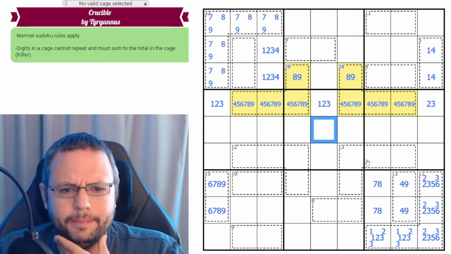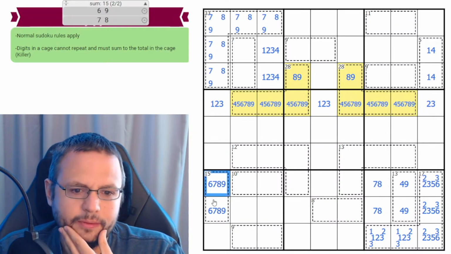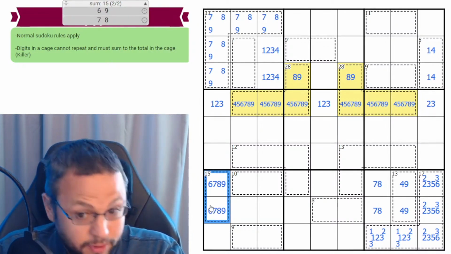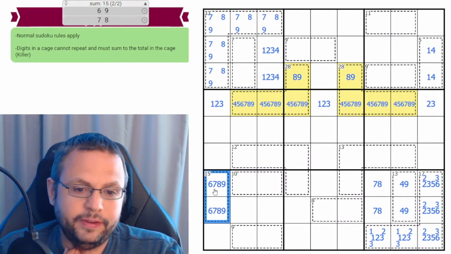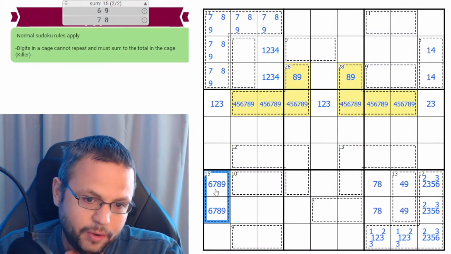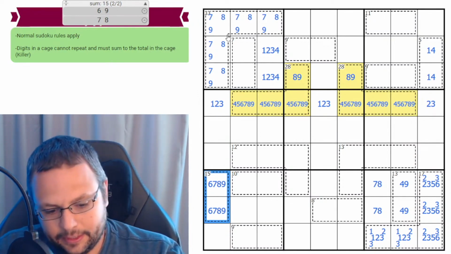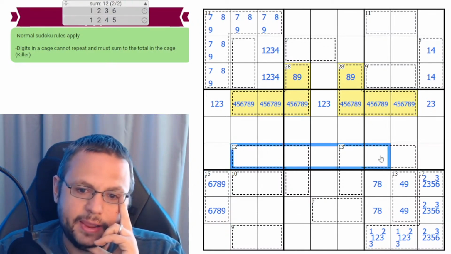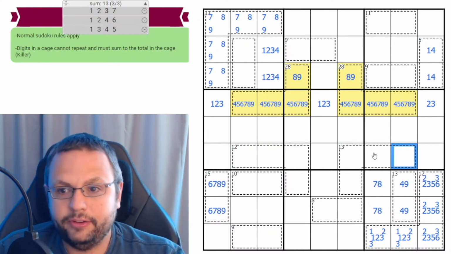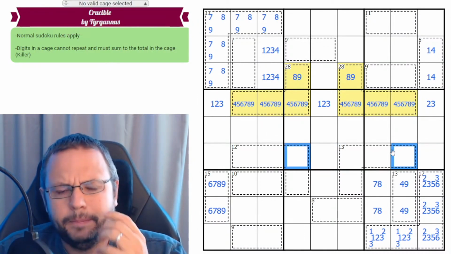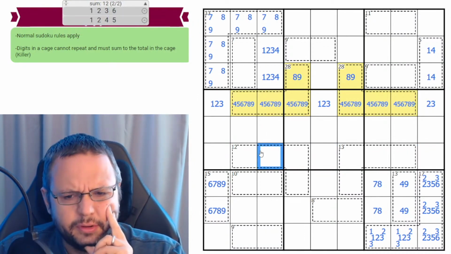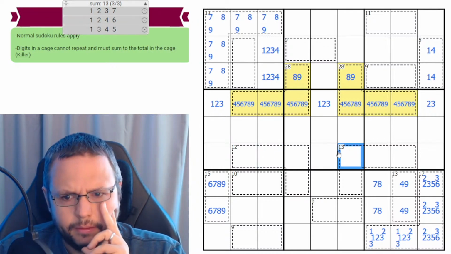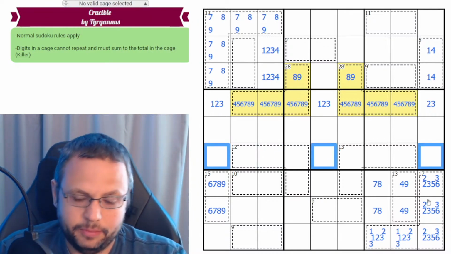So let's see. I bet I can do a similar thing with a 15 cage, which is that if this 15 cage were 7, 8, oh no, I can't quite. Oh, I can if I am willing to use the row, because the point is what digits can't be. Oh no, maybe not. I was thinking I was going to get a 7, 8, 9 triple here, but I don't.